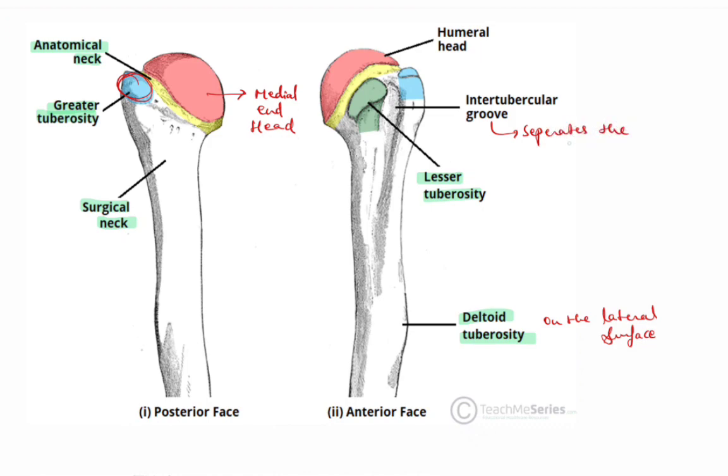This is found on the lateral surface of the anterior face of the humerus bone. The intertubercular groove separates the greater tuberosity and the lesser tuberosity. So this is the tuberosity.